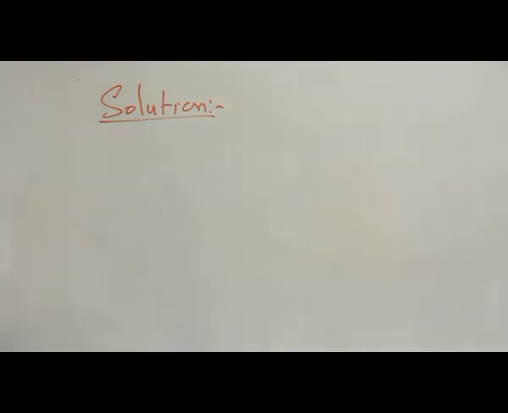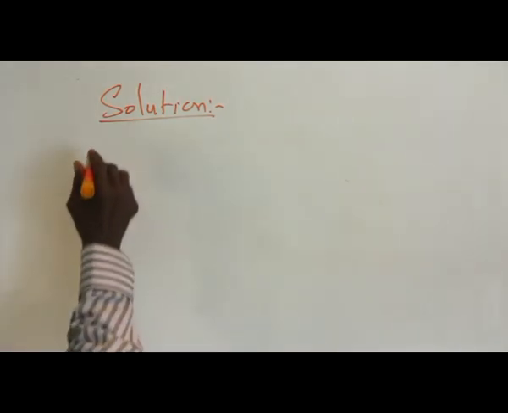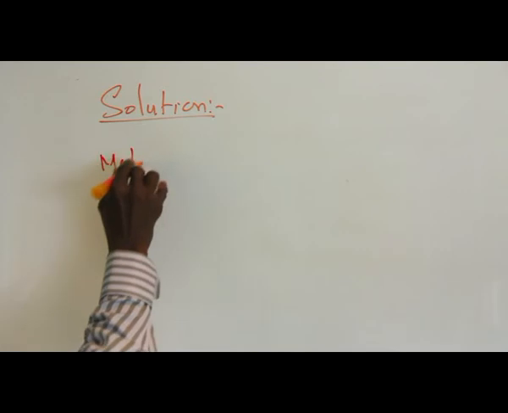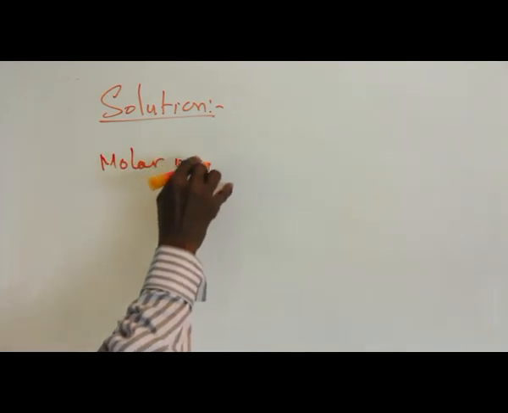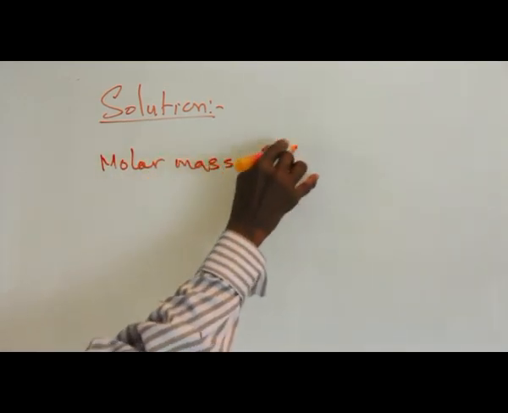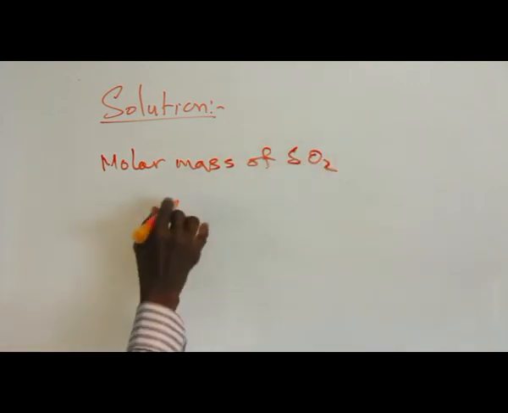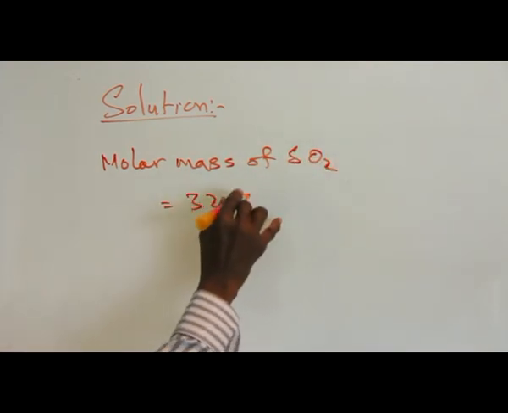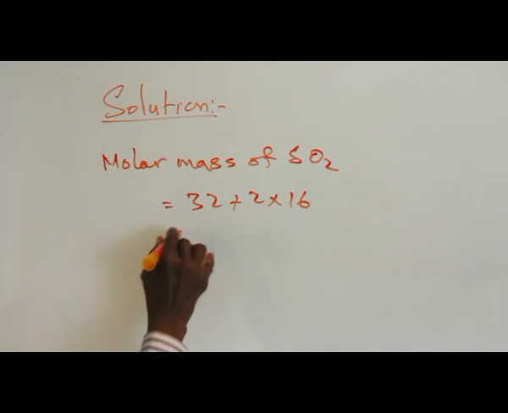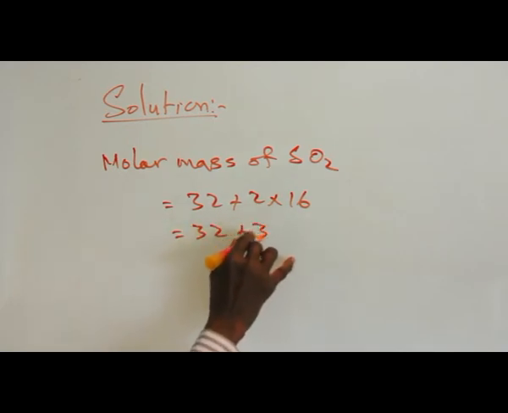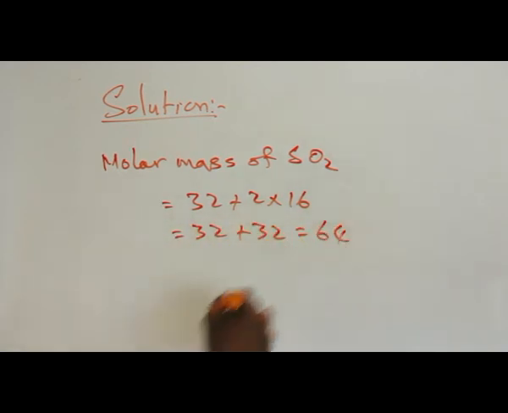We've earlier said that relative molecular mass is 2 multiplied by vapor density. So when we determine the molar mass of SO2, molar mass of SO2 is 32 plus 2 times 16. 32 plus 32, that's 64.